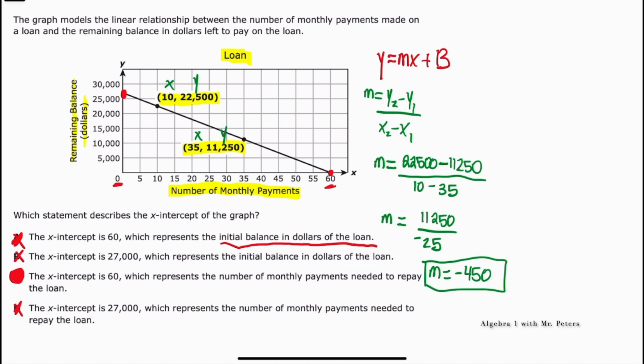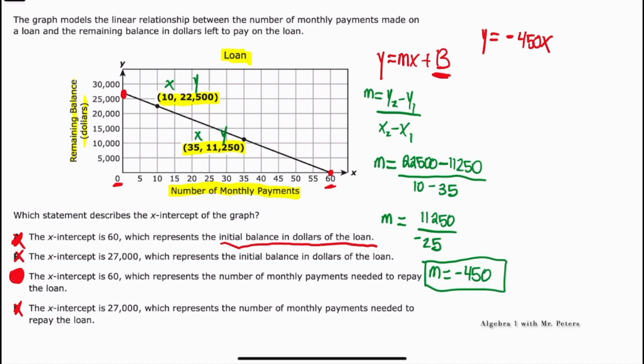So now, when I go in to create my equation, we know y is equal to negative 450x. But what we do not know is what is the y-intercept. So if we want to determine the y-intercept, we could take the x coordinate, right? We could take that x value when the loan is paid off, 60.